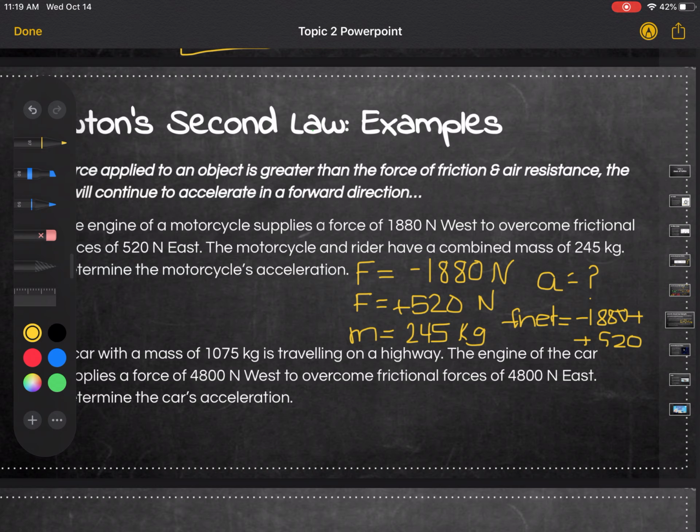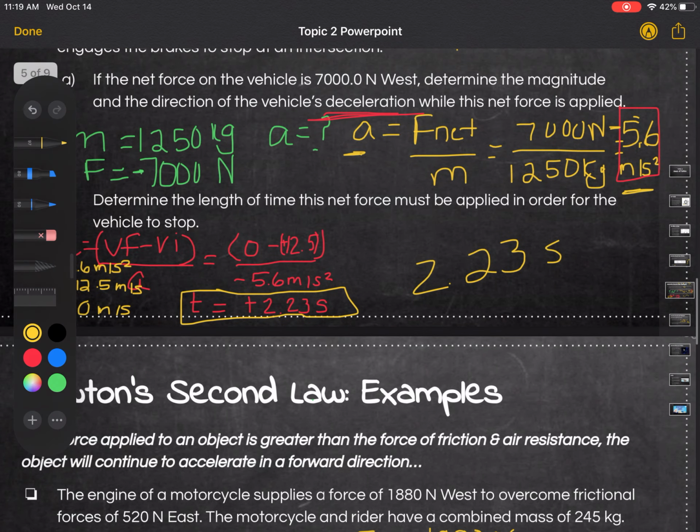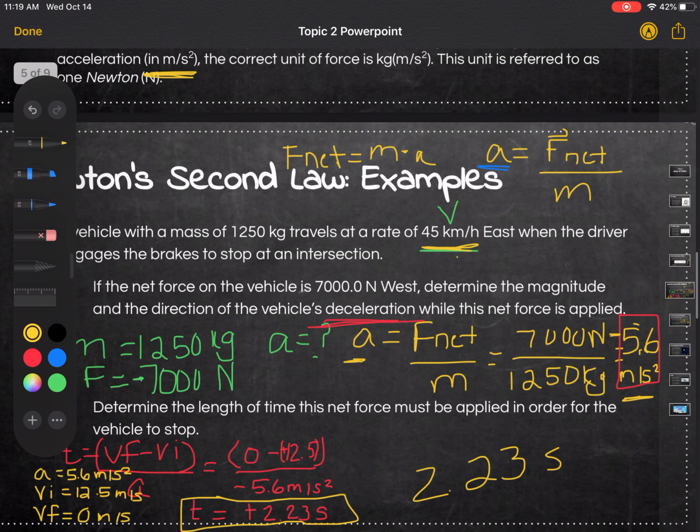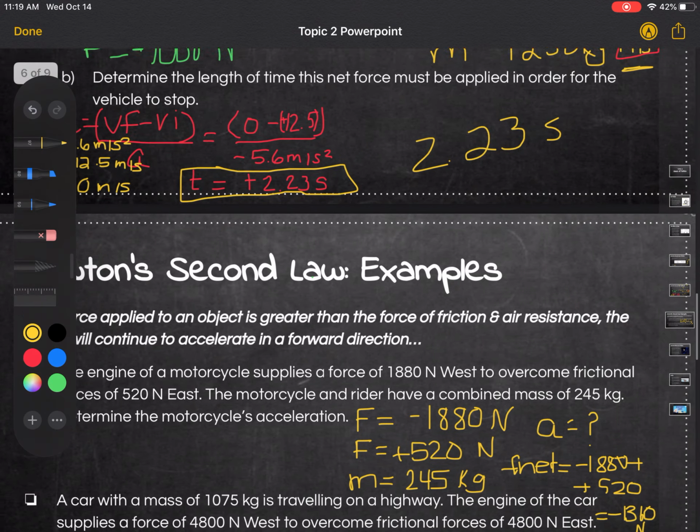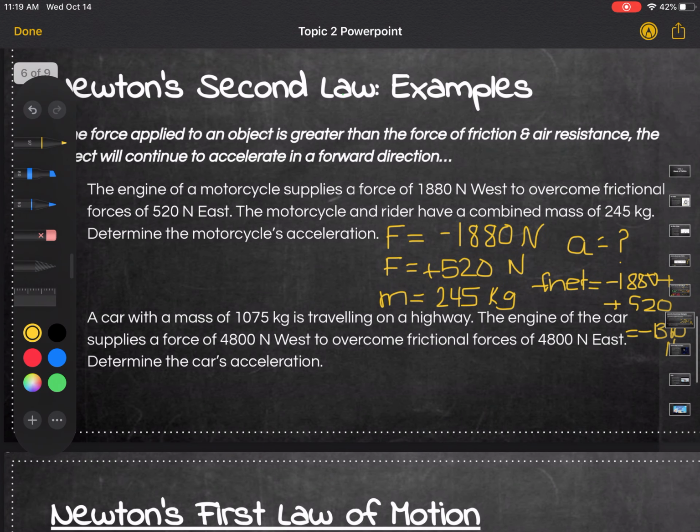negative 1360 newtons. Okay, so now I can plug that back into my formula that I had up here. F net is equal to m times a, or a is equal to F net divided by m. In this case, we're looking for acceleration, so I'm going to use the formula a is equal to F net divided by m.